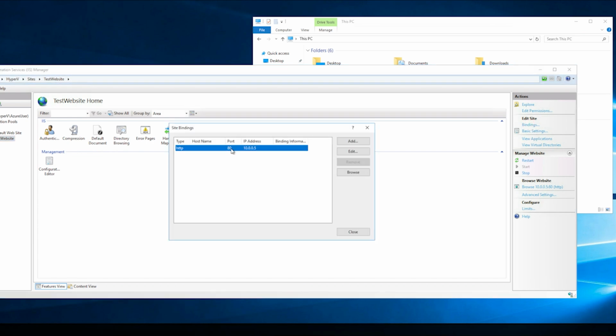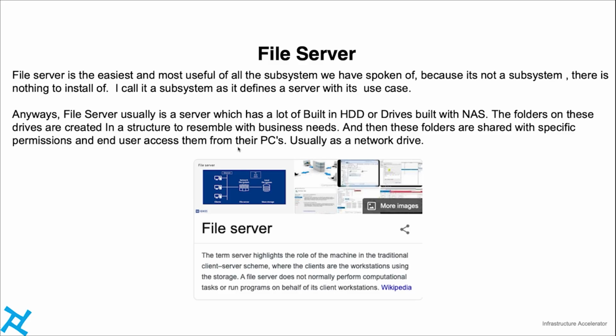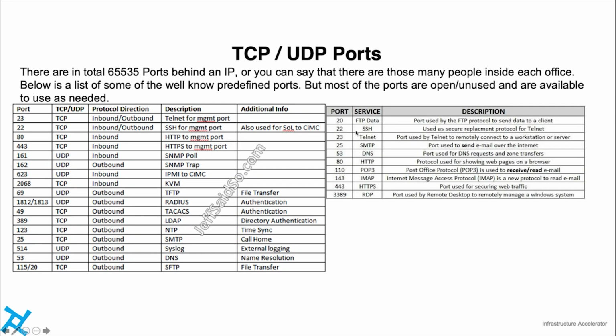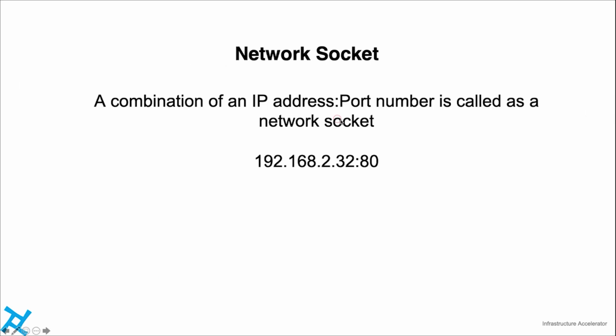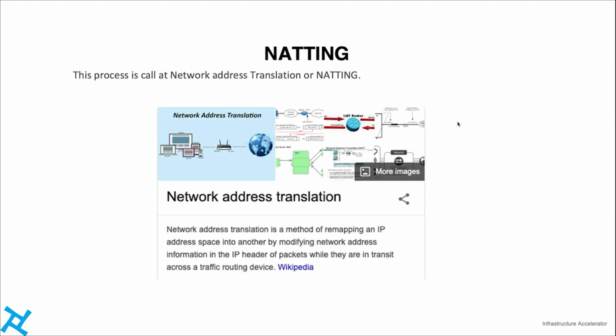Remember, I showed you the well-known ports. The FTP is supposed to be on port 22. Sorry, port 20, not port 22. This is a question which you need to remember, guys. This is an interview question. So the FTP is supposed to be on port 20. That's the protocol. It's a well-known port.